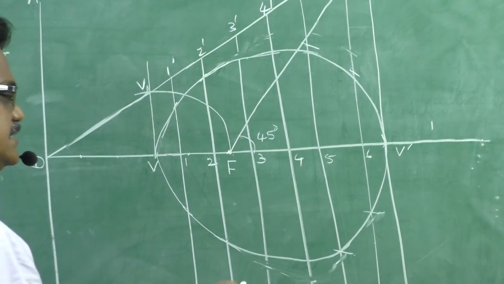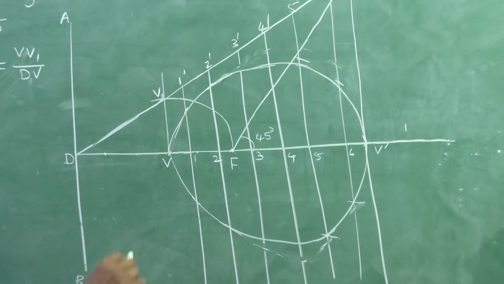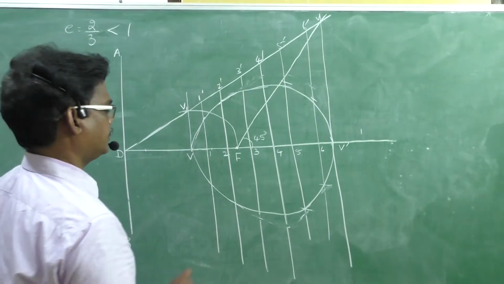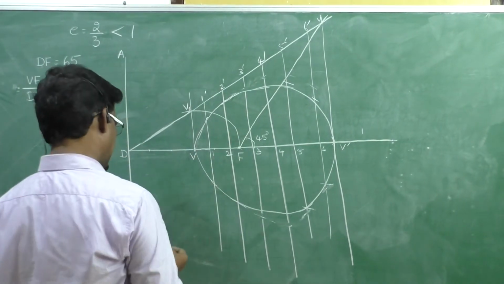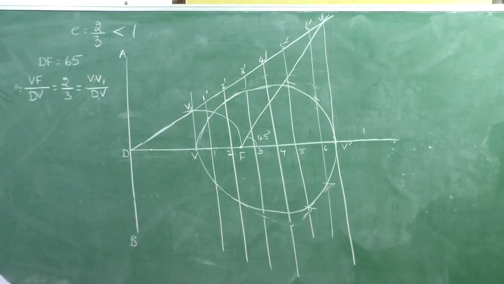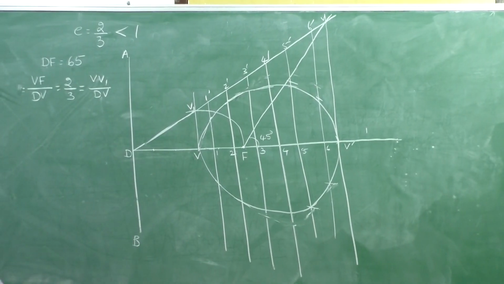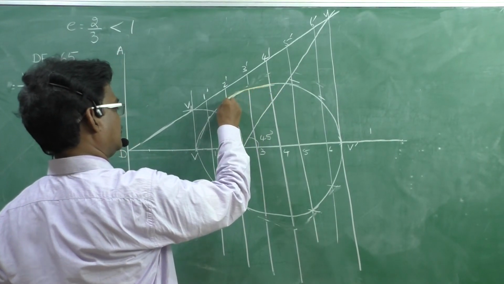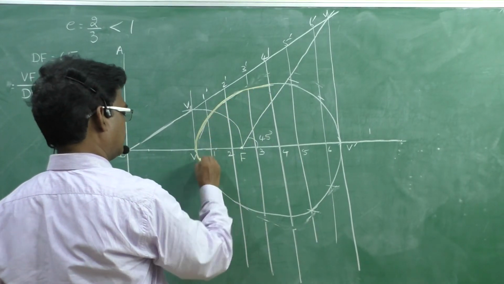If you take exact dimensions, it will give the exact elliptical shape. This is the methodology we can adapt for drawing of an ellipse. This is the eccentricity method or general method.